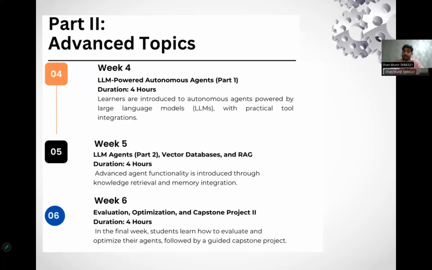And finally, in week 6 or maybe in week 7, we will be doing capstone project 2. That is the continuation of the fundamental project in part 1. We will also be looking at the evaluation criteria of these AI agents, and whether we can bring some optimization in there.